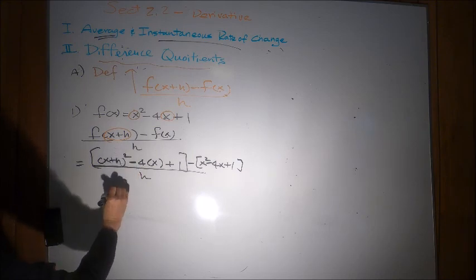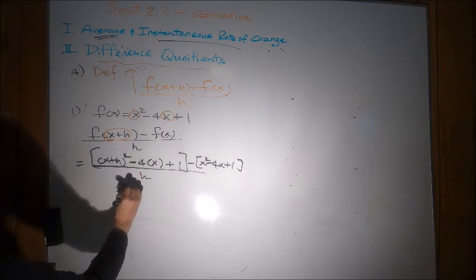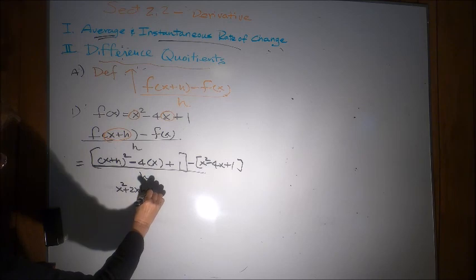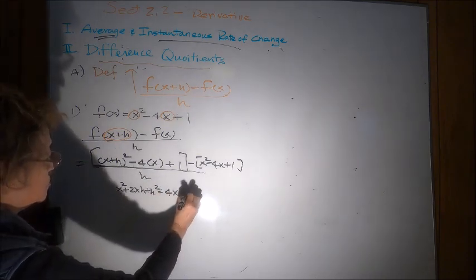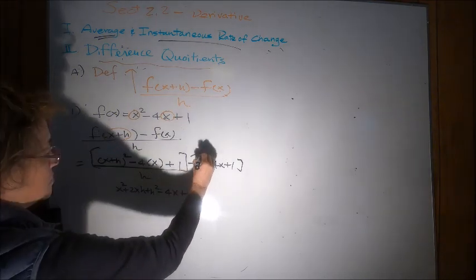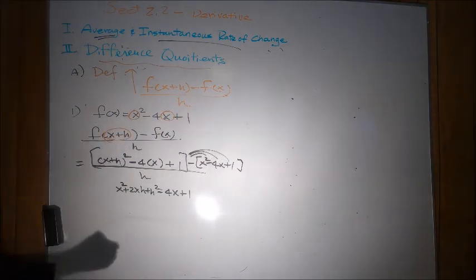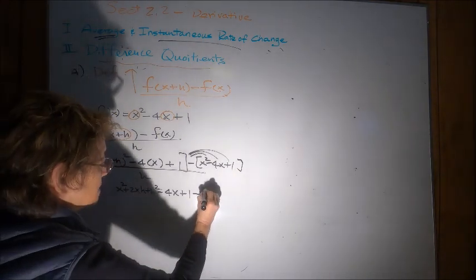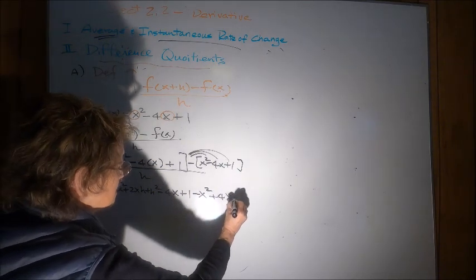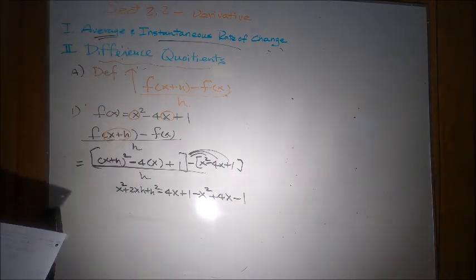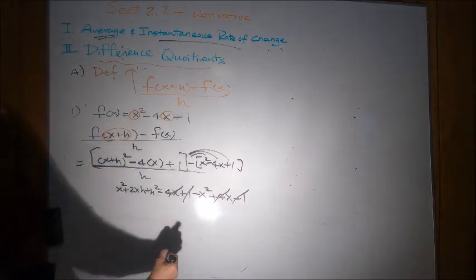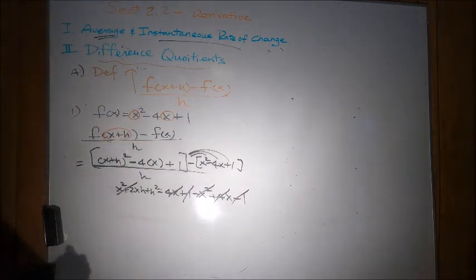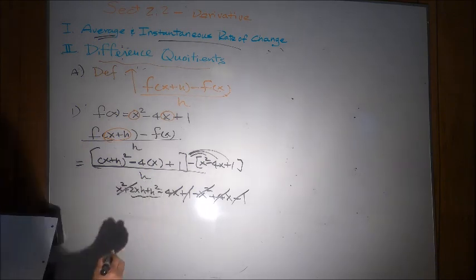So this would be x squared plus 2xh plus h squared, minus 4x plus 1. Then you minus the whole thing. Remember to distribute your negative: minus x squared plus 4x minus 1. Is that right? So you cancel this, you cancel this, you cancel this.